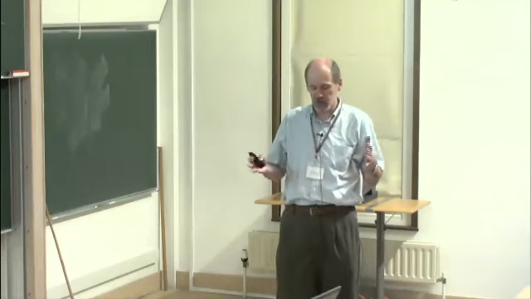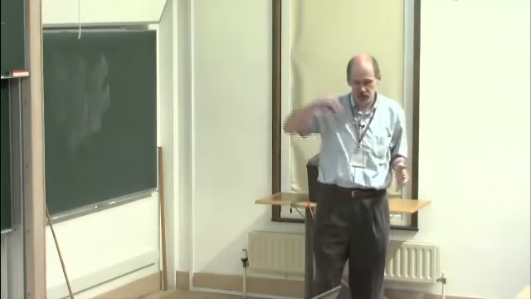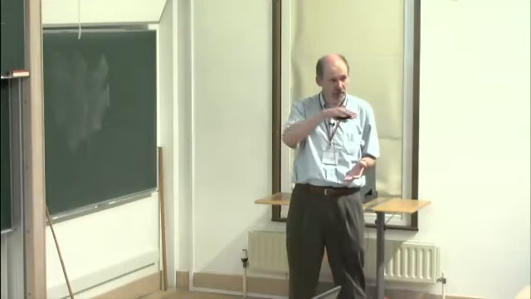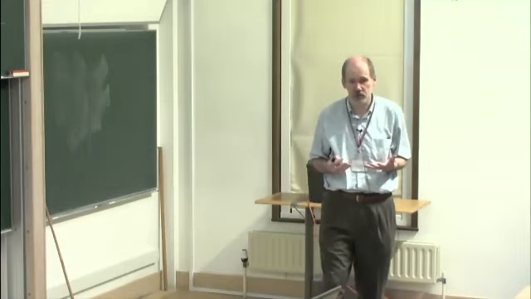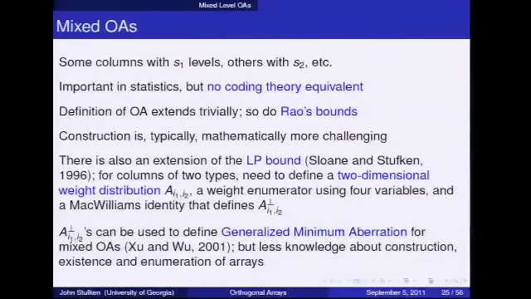But the idea of having a subarray, an n by t subarray, and seeing everything that could appear equally often still applies. That's still the definition of an orthogonal array. They're important in statistical applications because you could have factors with different numbers of levels, but there's actually no coding theory equivalent. This is not a problem I think is of that much interest to coding theorists.